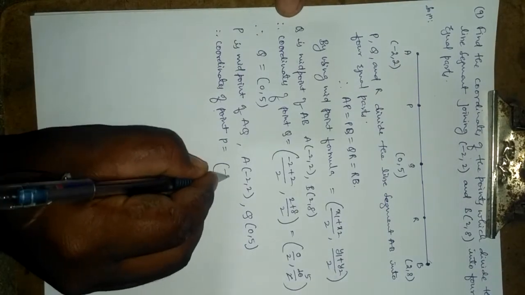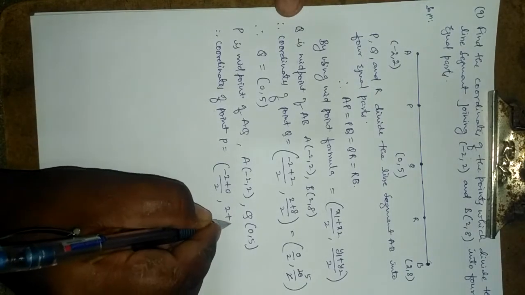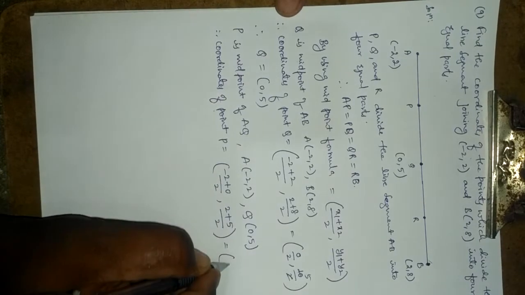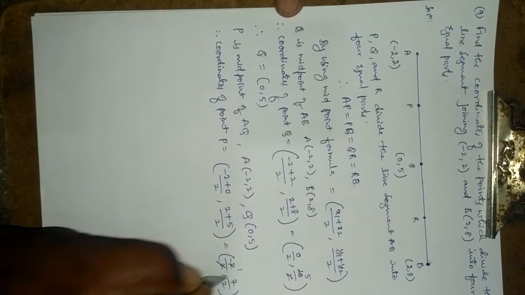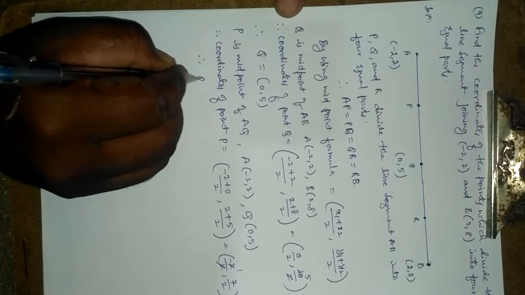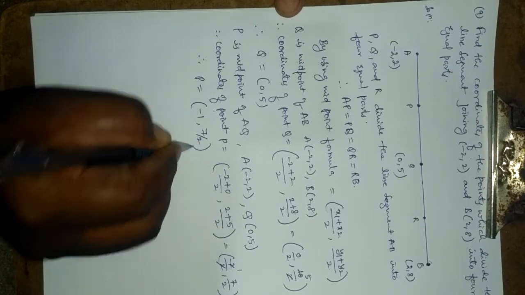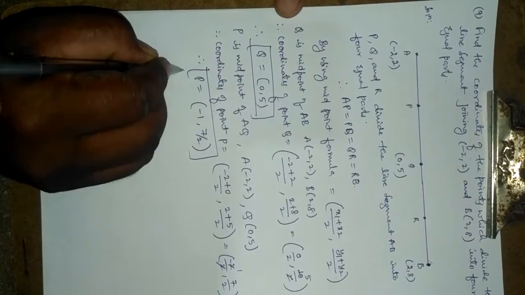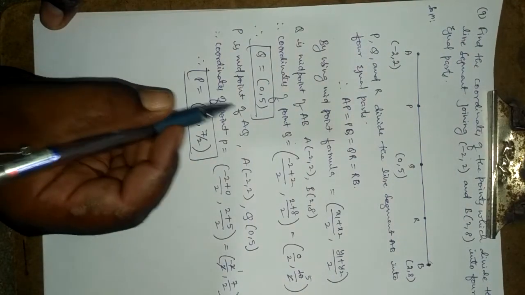So here -2 plus 0 divided by 2 and 2 plus 5 divided by 2. If you simplify this, -2 plus 0 is -2 divided by 2, and here 7 divided by 2. So the coordinates of point P are (-1, 7/2). This is the coordinate of Q and this is the coordinate of P. So I am writing the coordinates of point P are (-1, 7/2).